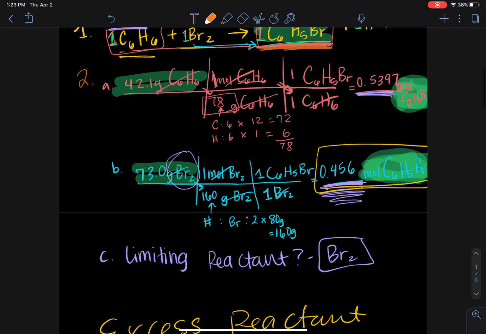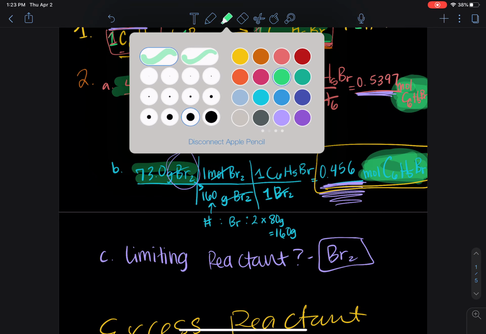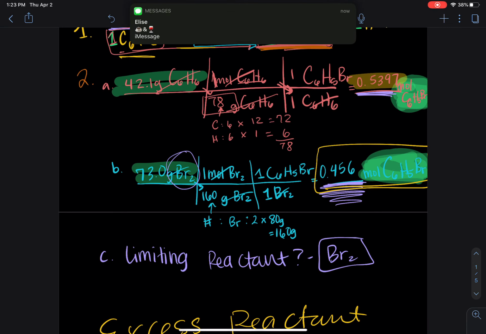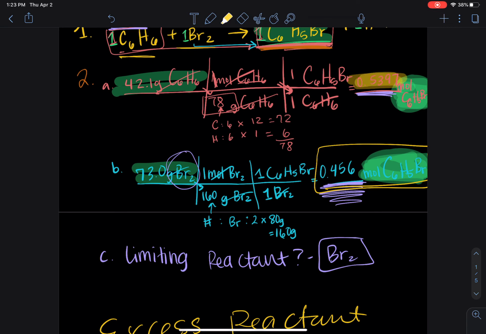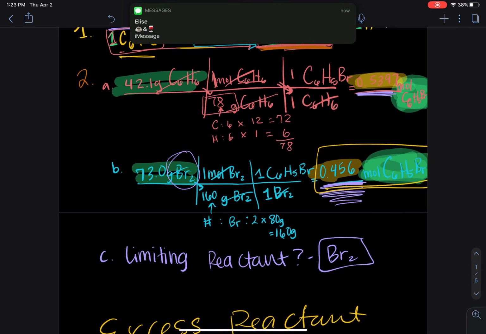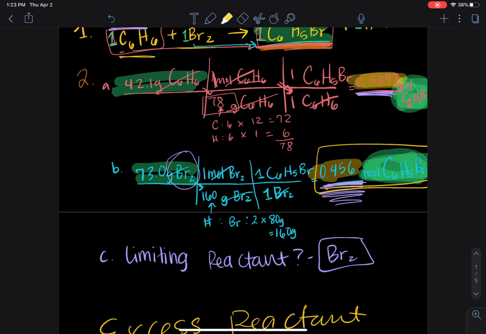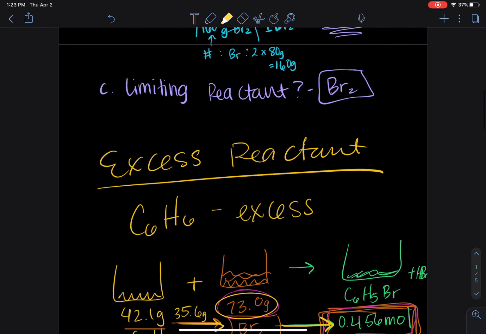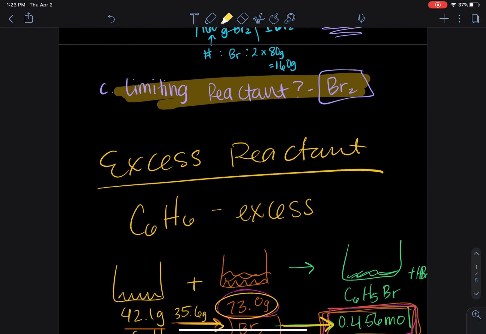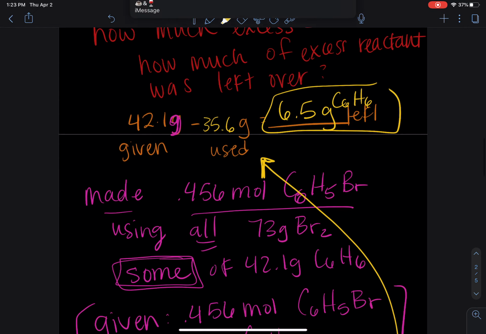That's what we did right here, where we compared the 0.5397 with the 0.456. Since 0.456 is lower, that tells you bromine is your limiting reactant, which is what we decided right here.